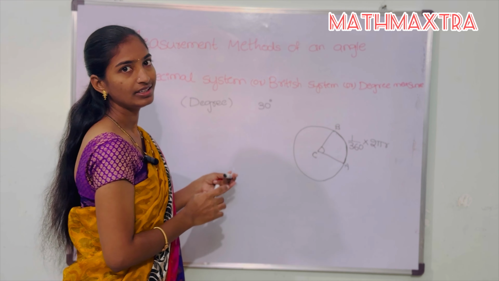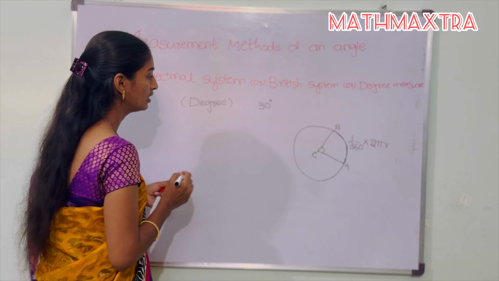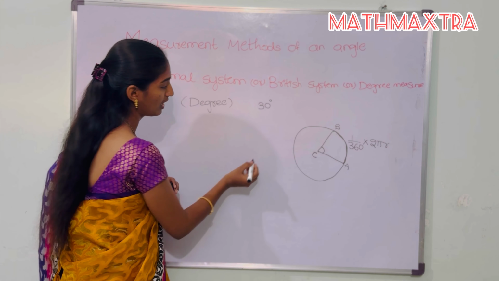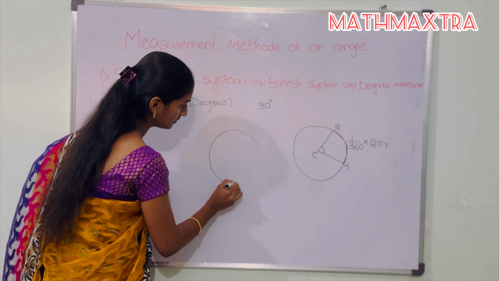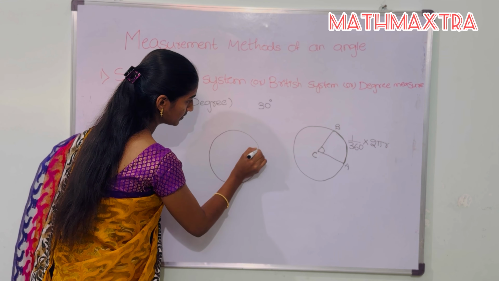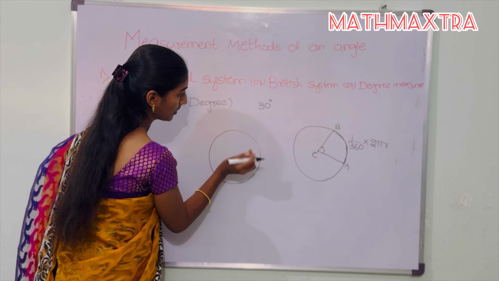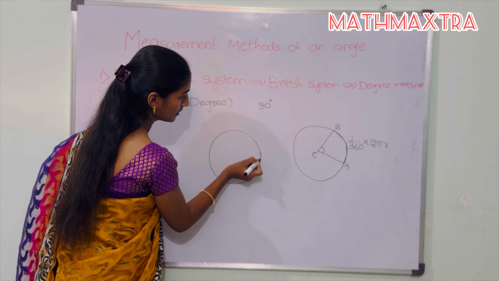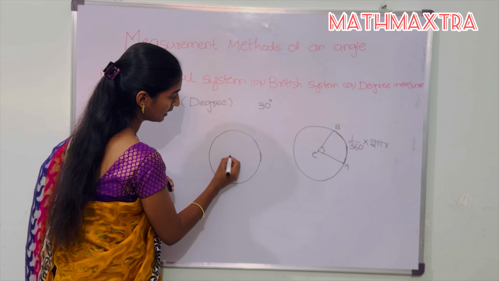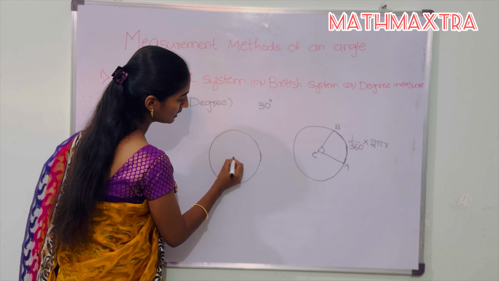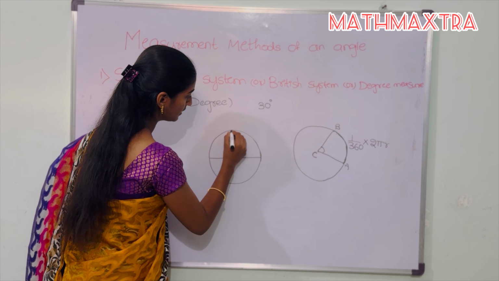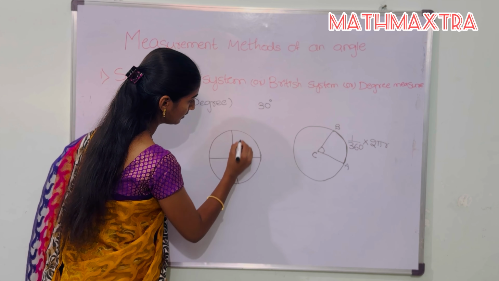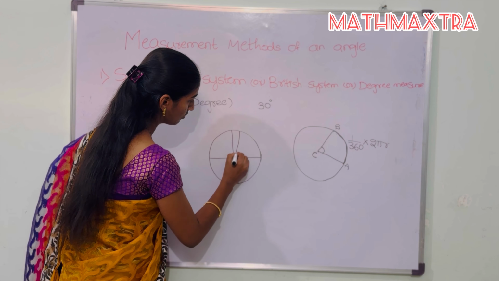And you can define it in another way, in the simplest way. We are dividing the circle into 360 equal parts.